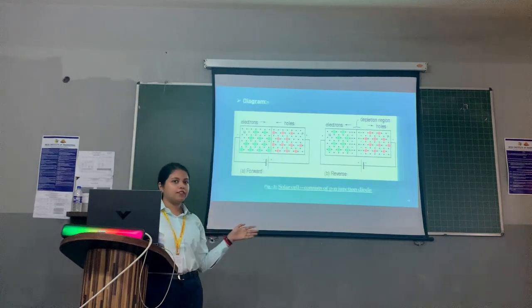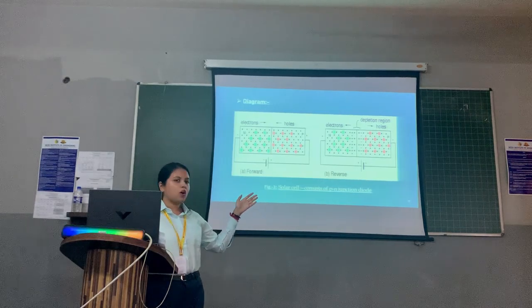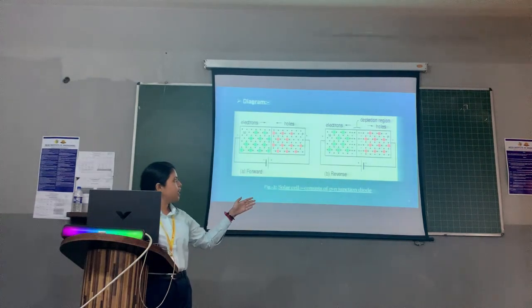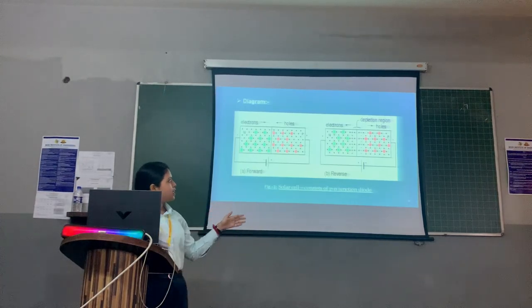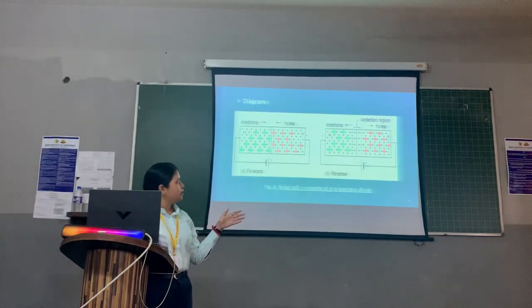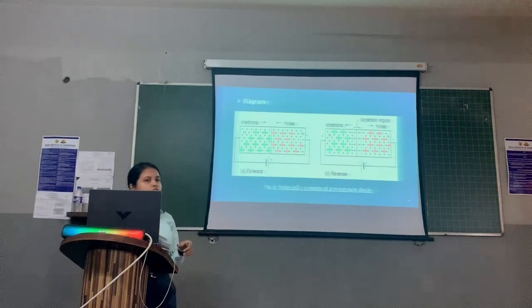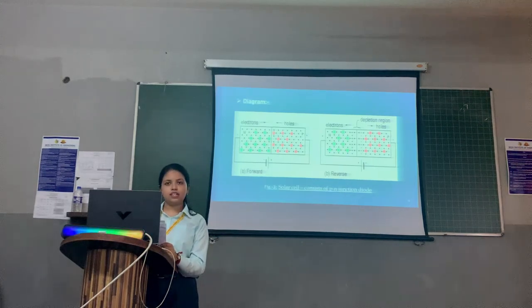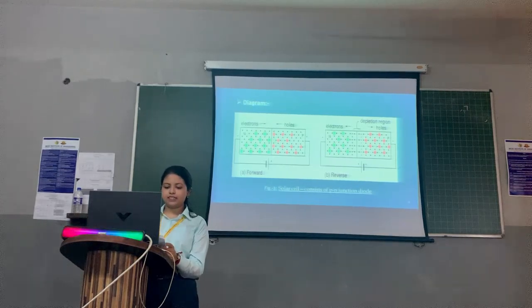But in case of reverse bias, the N side is connected to the battery's positive terminal, and the P side is connected to the battery's negative terminal. So the applied electric field cannot surpass the barrier potential at the PN junction, so no current flows through the circuit. So while using solar cells, the connection is always in forward biasing.